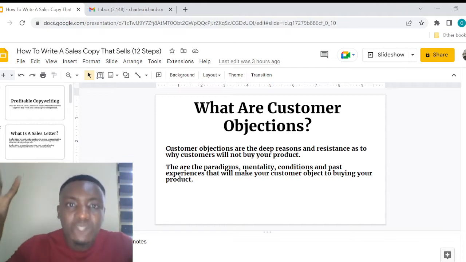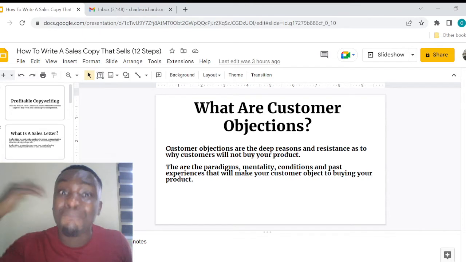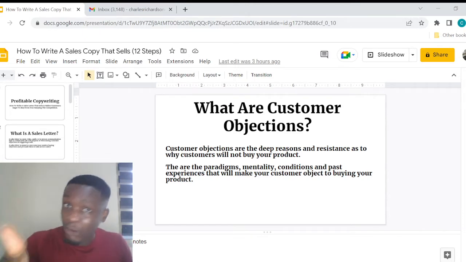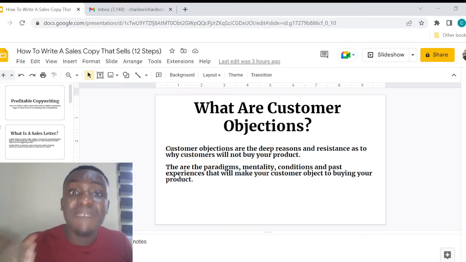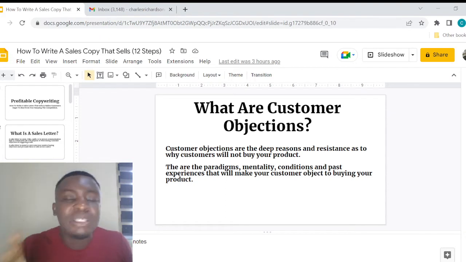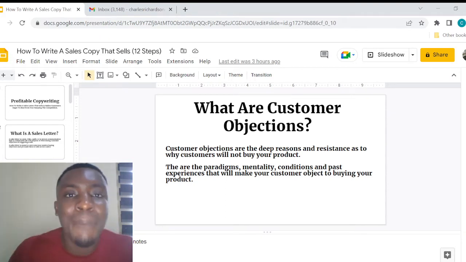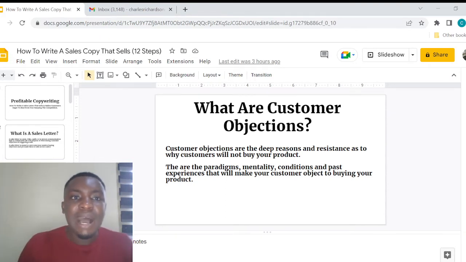These are objections that they have, and it's not their fault. They've already bought many products before your product that failed to deliver on the results, and then from there they just made up their mind that, I'm not going to buy anything online. Those are paradigms, mentality, conditions and also past experiences that will make customers object to buying your products.